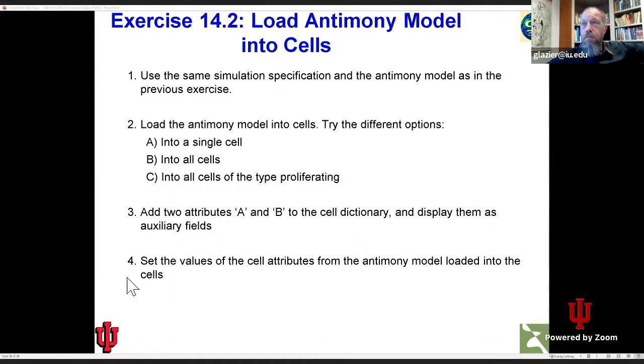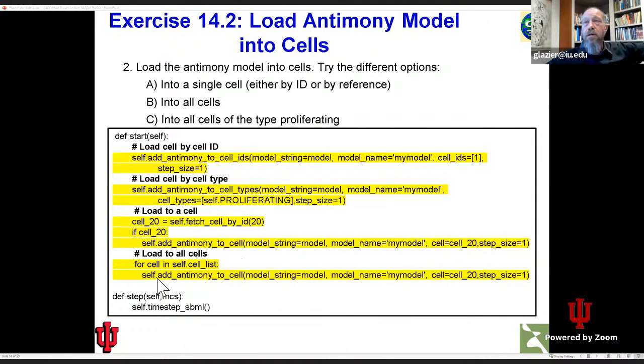Okay, is that working for people? So here, I just want to remind you, there are a lot of options for loading into cells. I would just do the load all cells one. It's the easiest. For cell in self.cell_list, self.add_antimony_model_to_cell.